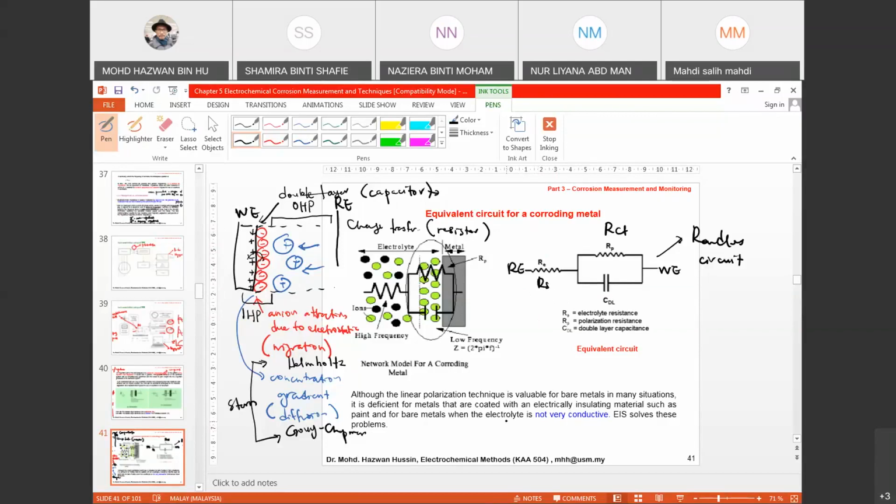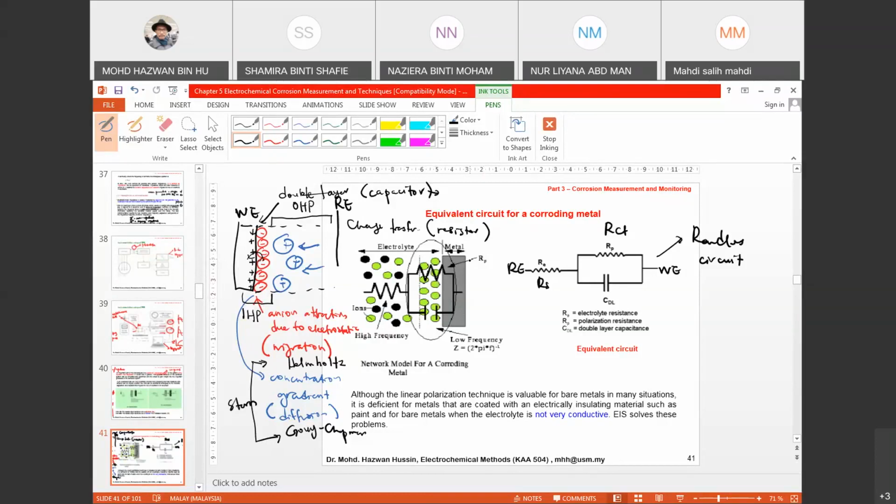Any questions so far? Anything that you are not clear about so far? Doctor, there is only one capacitor here. Yes, it's only one capacitor because you only have one double layer.